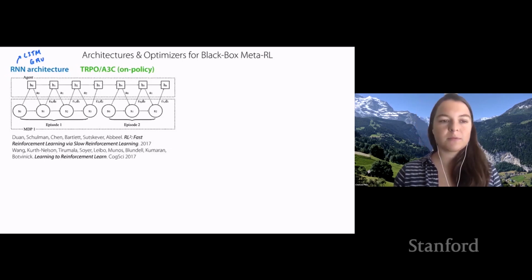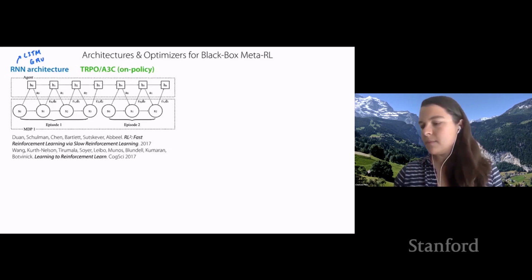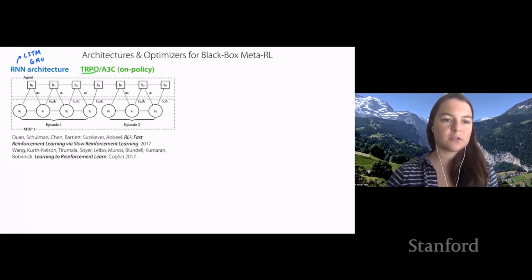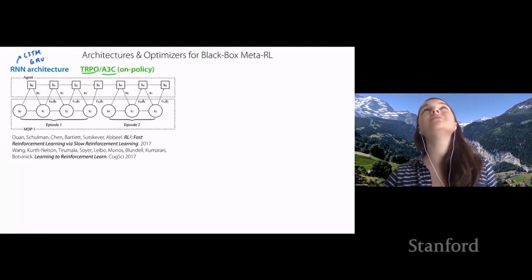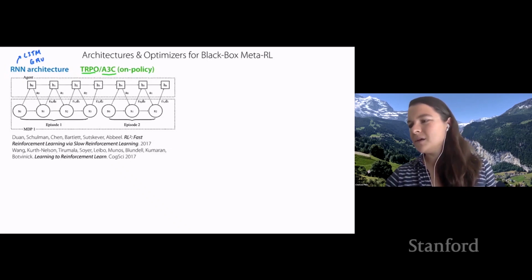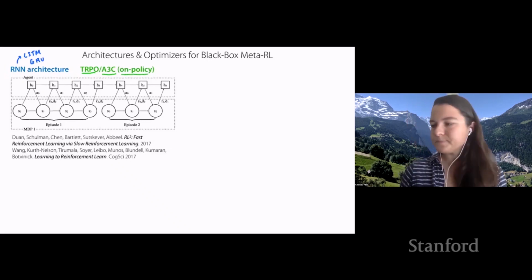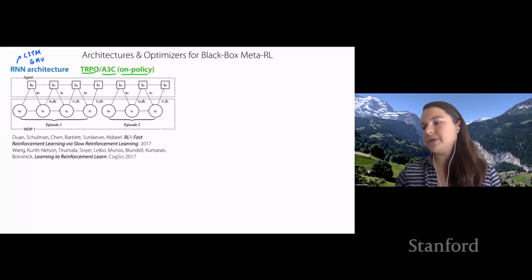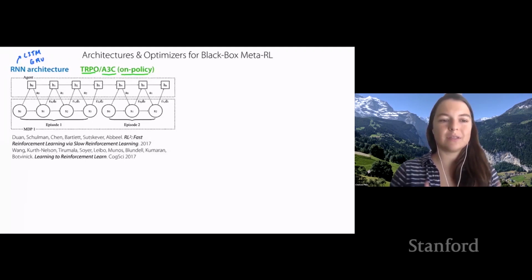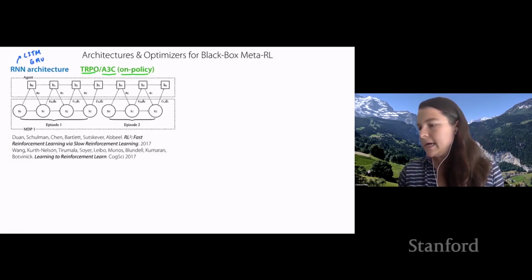The way that you could optimize this recurrent policy might be with something like trust region policy optimization, which is a policy gradient method, or A3C, which is asynchronous advantage actor critic, I believe. The takeaway here is that both of these approaches are on policy approaches and are updating this policy with the latest experience that it collected.